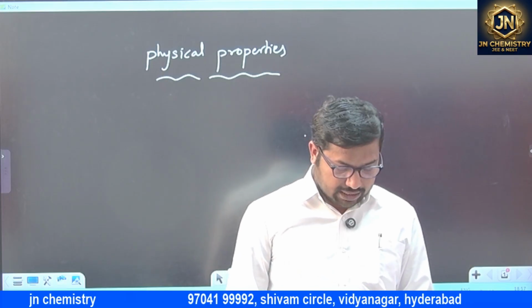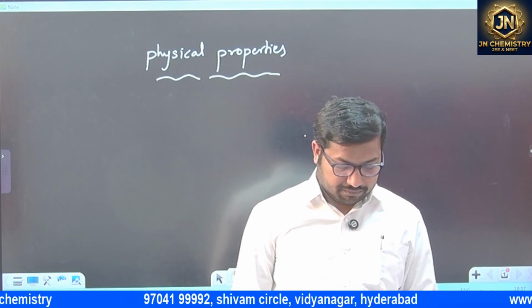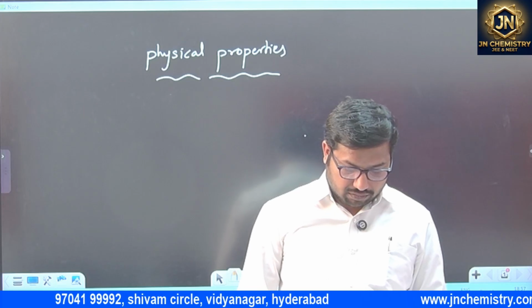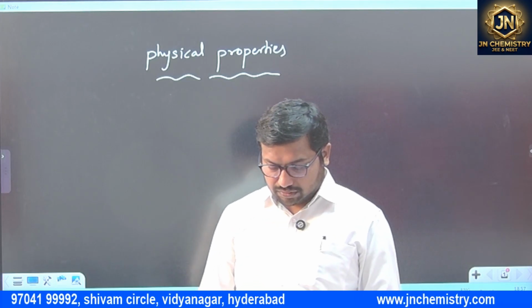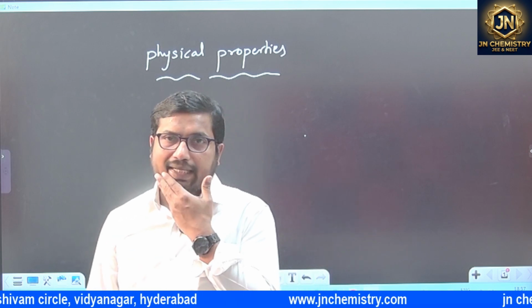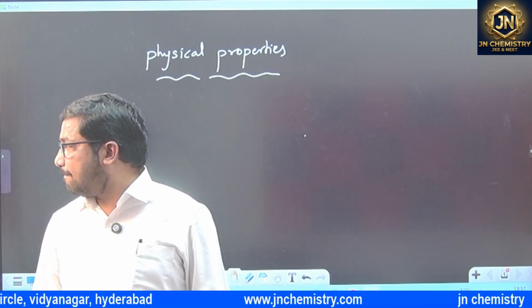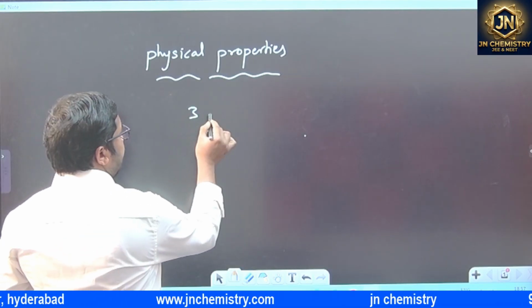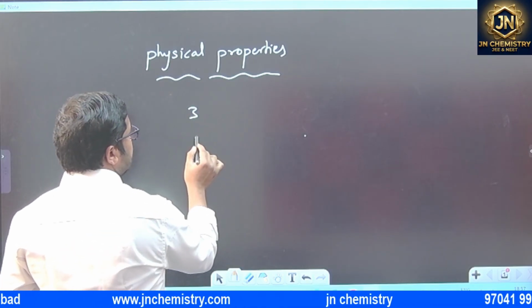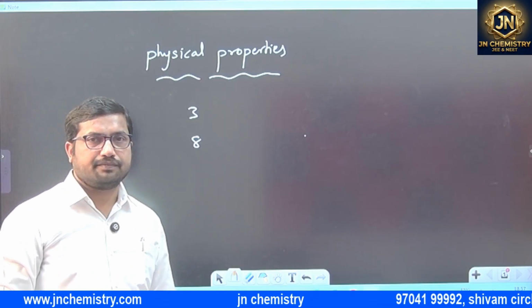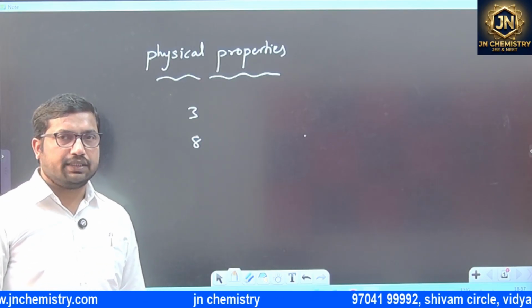First 3 members are gases, colorless gases, and the next 8 members are liquids, and above that are solids.